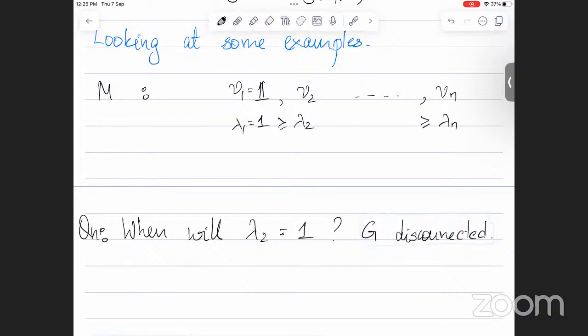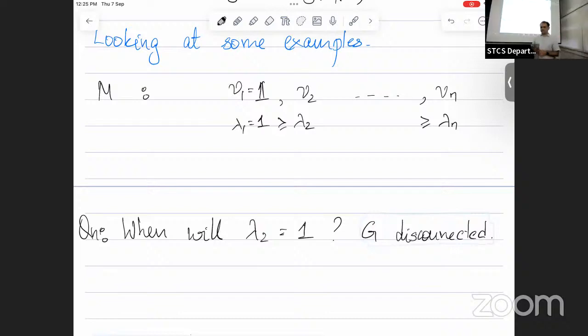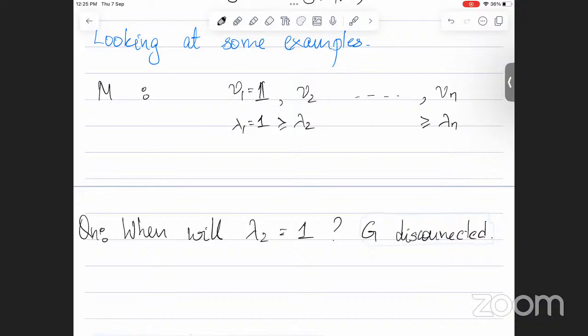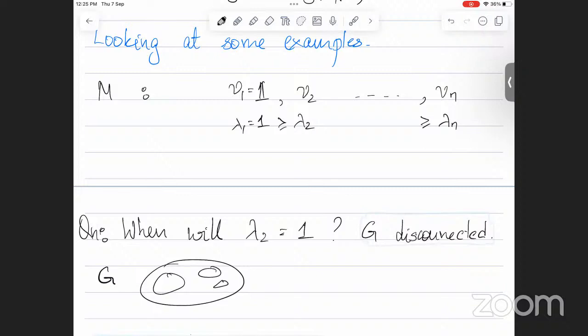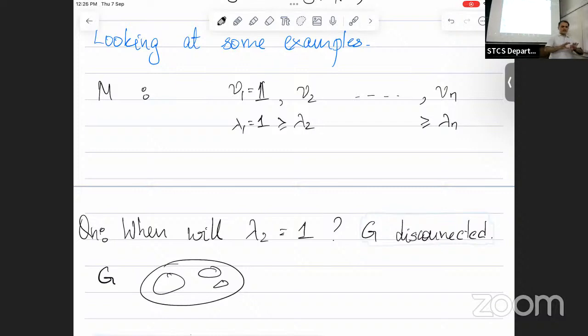But if the component sizes were the same, then you won't get a different lambda 2, right? You have to have different component sizes or something. No, it doesn't matter. I agree if G is disconnected, then you need this. But you want something other than the all ones vector to also have the eigenvalue of 1. Yeah. So all I want is that there are two disconnected components, maybe of completely different sizes.